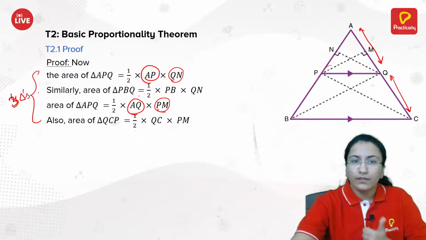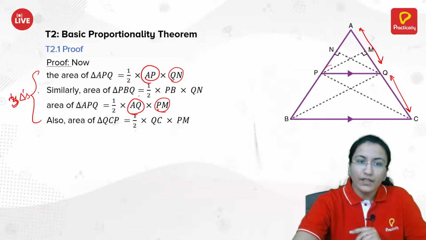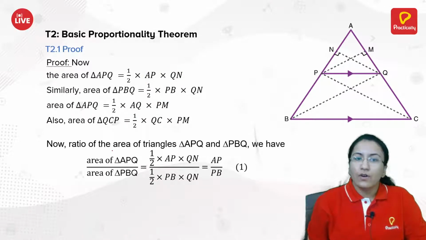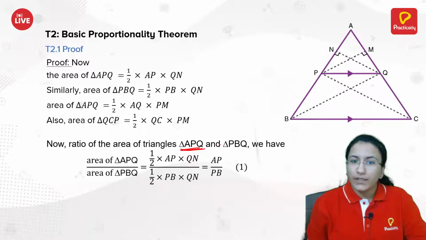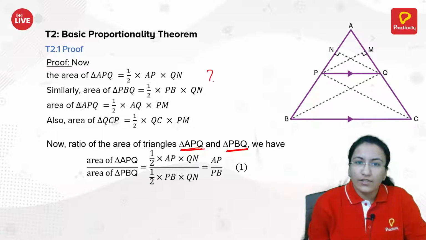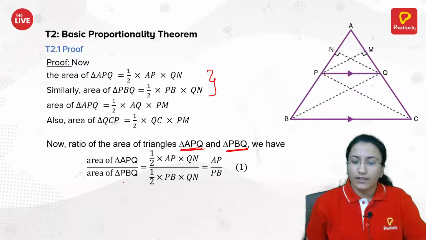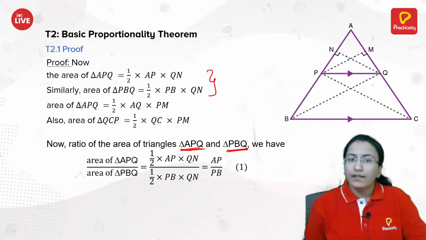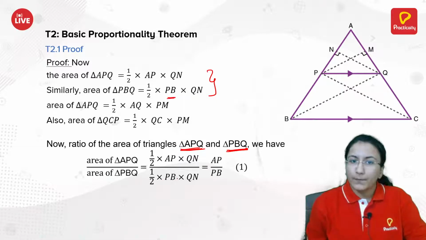So now what next we would do, we would find the ratio of these areas. How? Firstly, we will find the ratio of areas of triangle APQ and PQB. If we divide area of triangle APQ by area of triangle PQB, then we have half into AP into QN divided by half into PB, same over here, into QN, right?